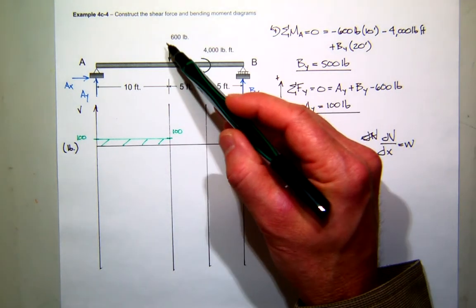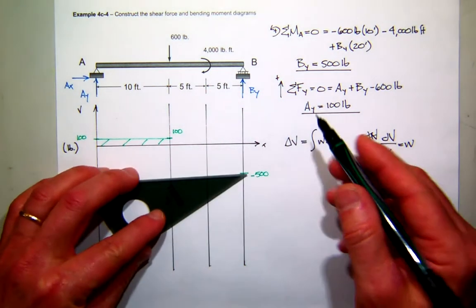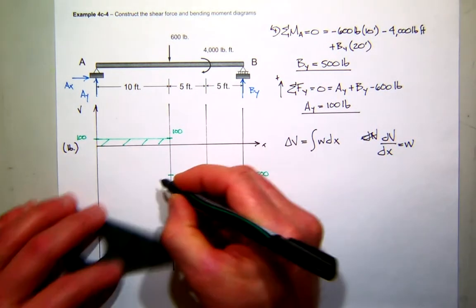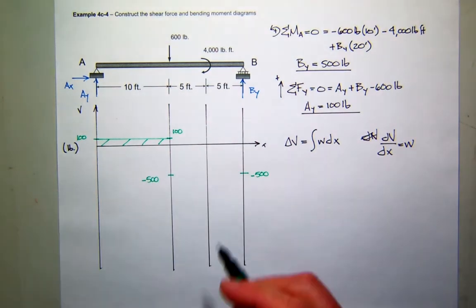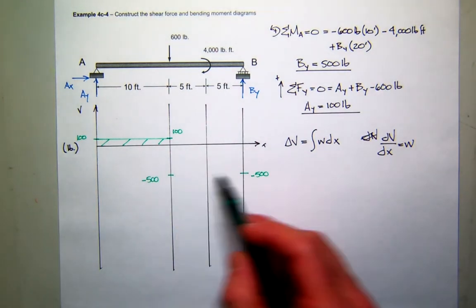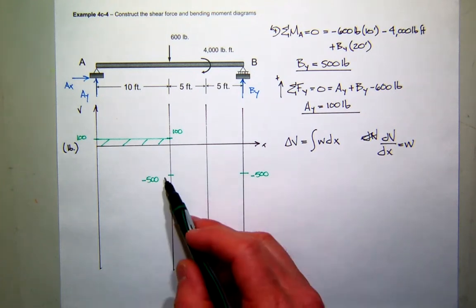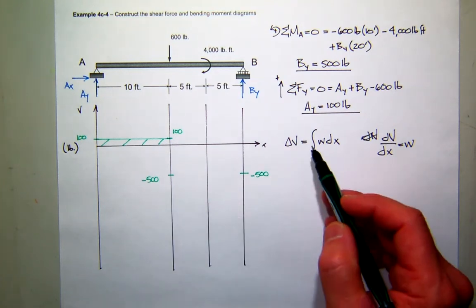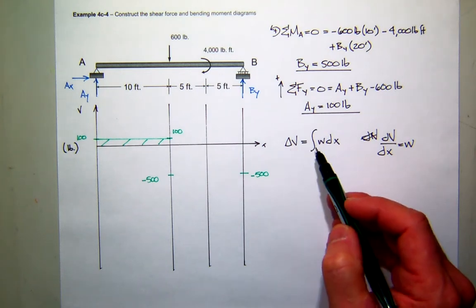Now, as I go from left to right and go under this point load, what happens to my shear? It changes by 600 pounds, and that force is down, so it should drop to minus 500. Now the change in shear between these two points, which you can see my target value is also 500, means what's my change in shear? 0. Was it backed up by my relationship? It says the change in shear is the area in the load diagram.